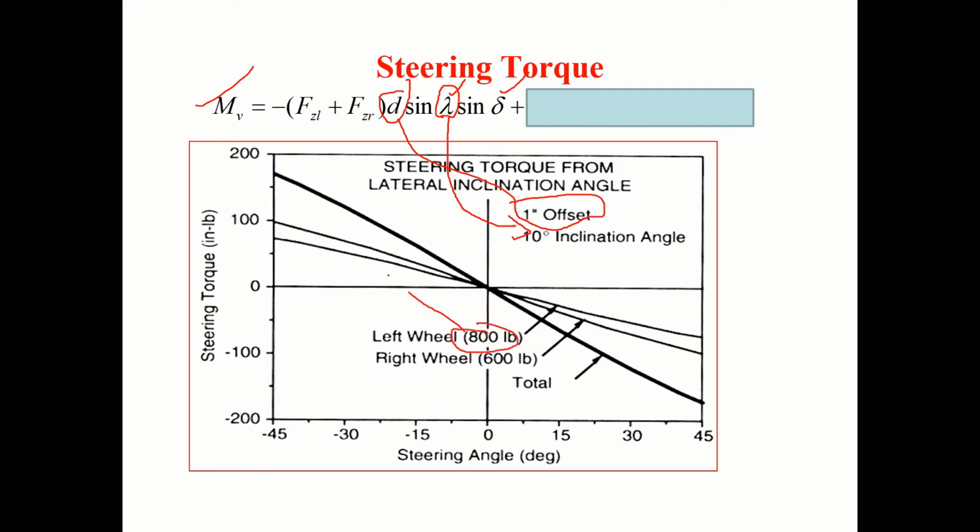Left wheel load is 800 pounds. Right wheel load is 600 pounds. If I go on giving different values for delta, on the steering torque, if you see, one is for the left, one for the right, and the total one is this.